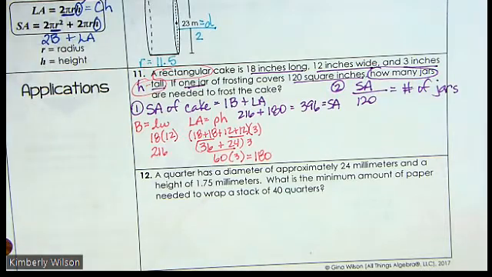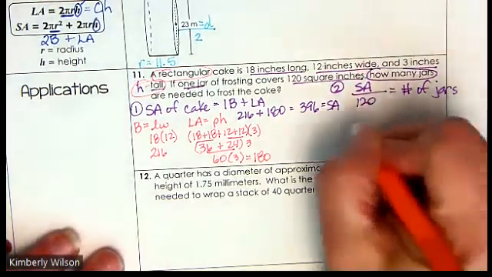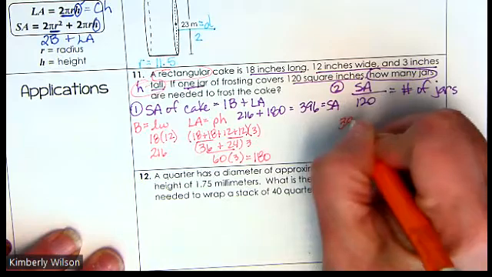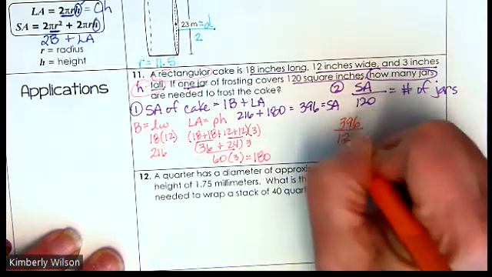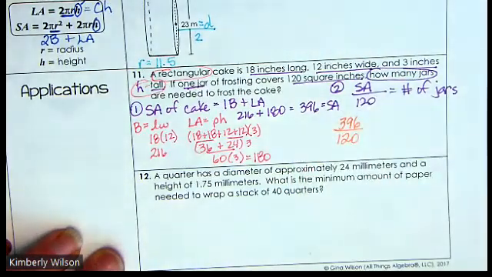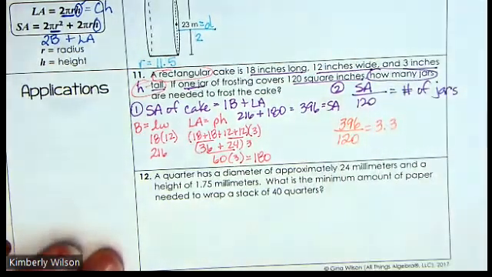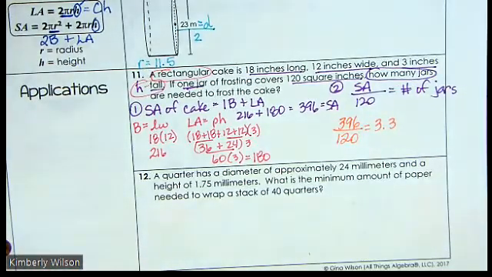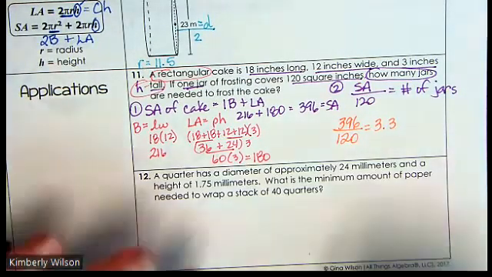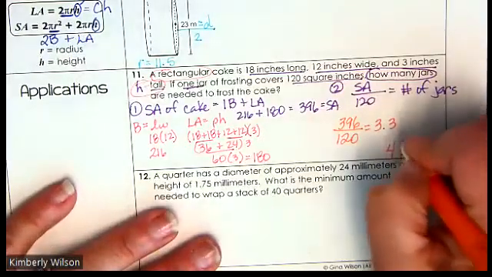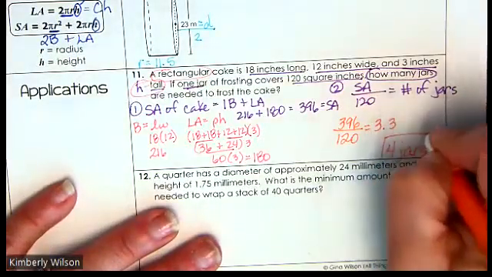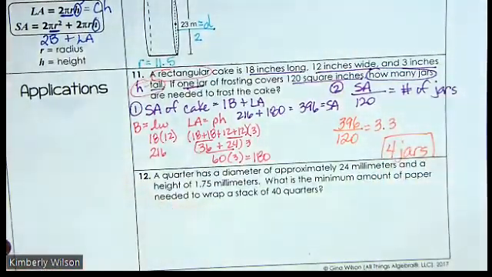So I have to now do 396 divided by 120. 396 divided by 120 equals 3.3. But hey, it wants to know how many jars are needed. I can't buy 0.3 of a jar. So we have to have 4 jars according to this problem.